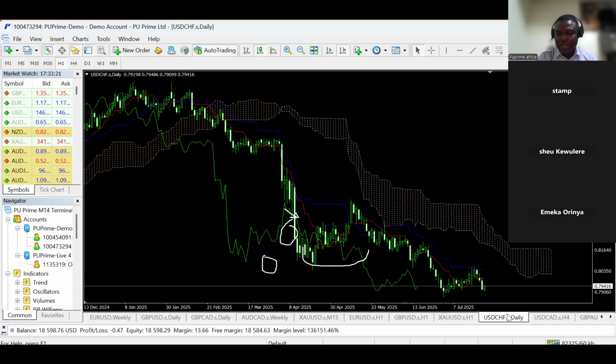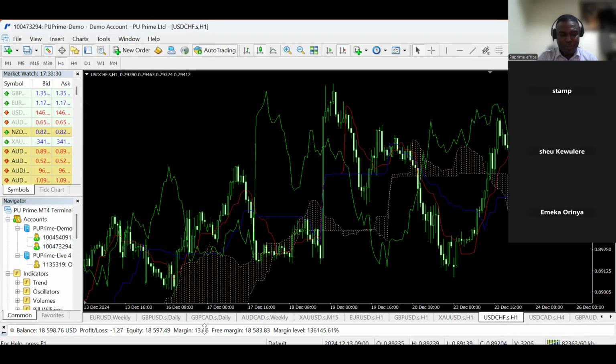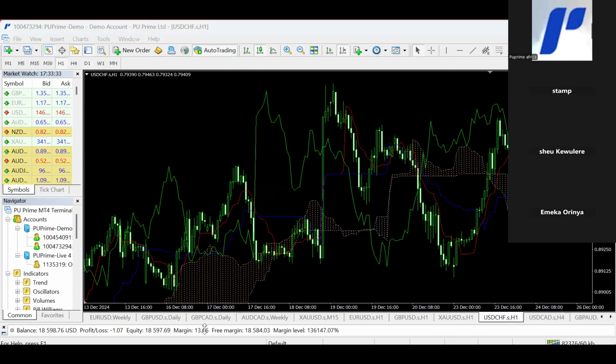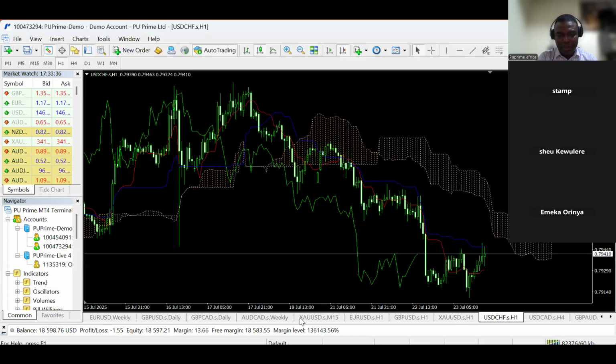All right, let's look at the USD CHF. This is the USD CHF. You can see there was a breakout of price also in the bearish direction, breaking out from below the resistance zone, the moving average crossover.